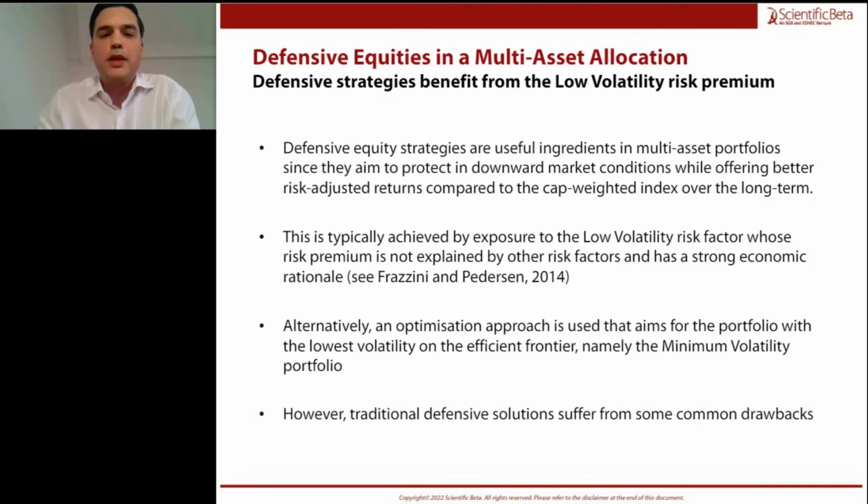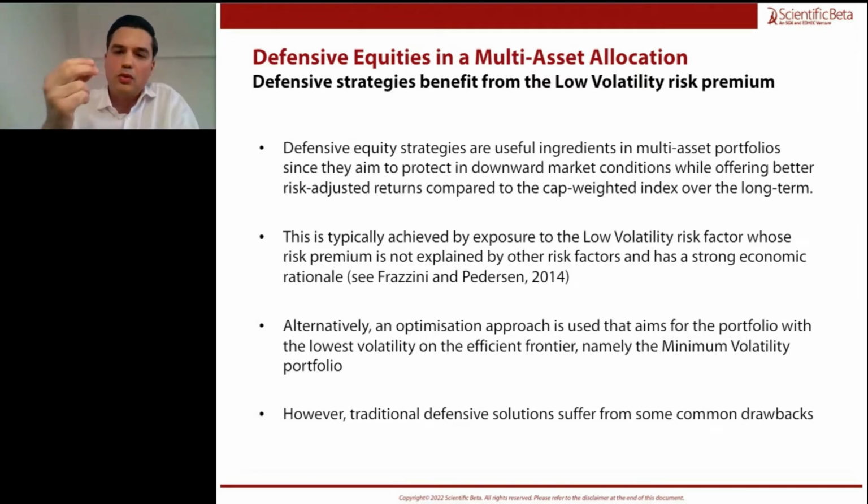And this risk premium is offering positive risk-adjusted returns for investors over the long term. So with a defensive portfolio, investors get access to the equity premium, but they also get access additionally to the low volatility risk premium, and they can earn these benefits of better downside protection, but also better risk-adjusted returns overall.